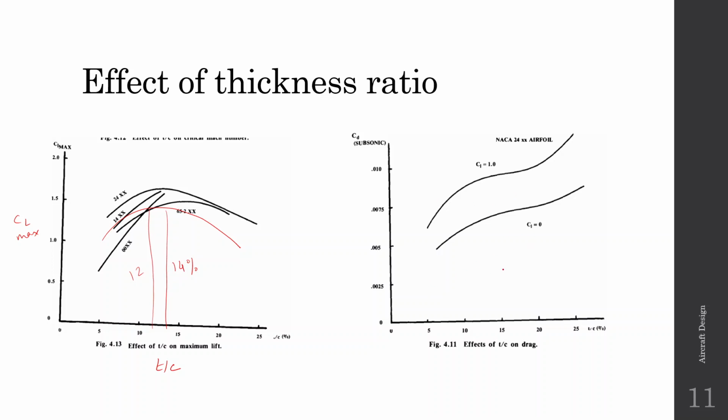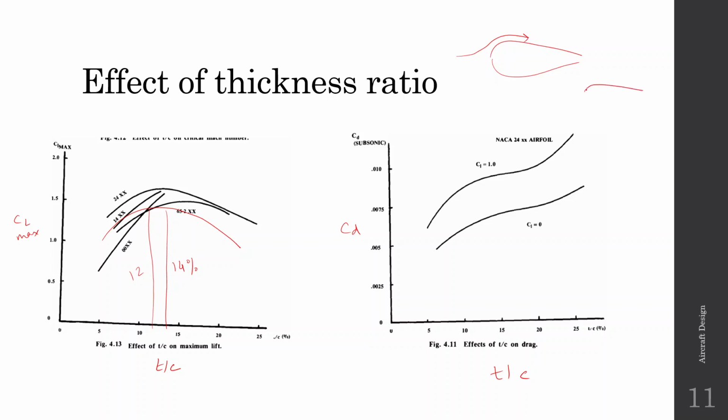Then for drag, the effect of T by C on drag. Now you can obviously guess that if the wing is thicker, then the air has to divert itself more.